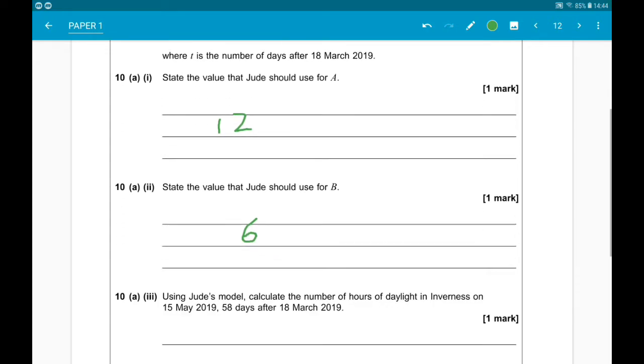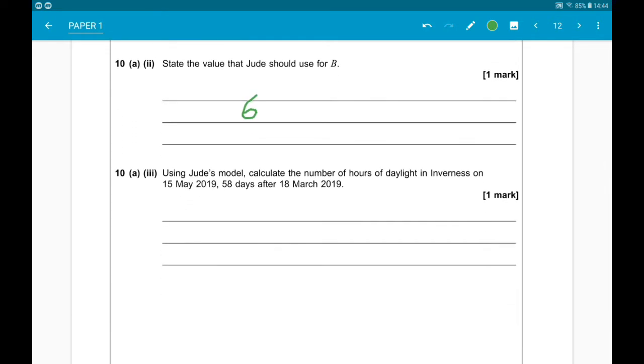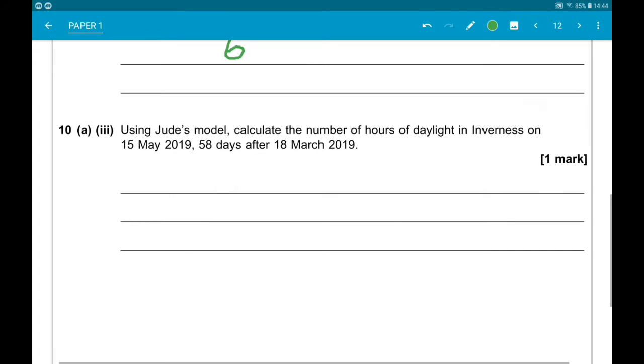Okay, then for part 3, using Jude's model, we want to calculate the number of hours of daylight in Inverness on the 15th of May 2019, 58 days after the 18th of March 2019.